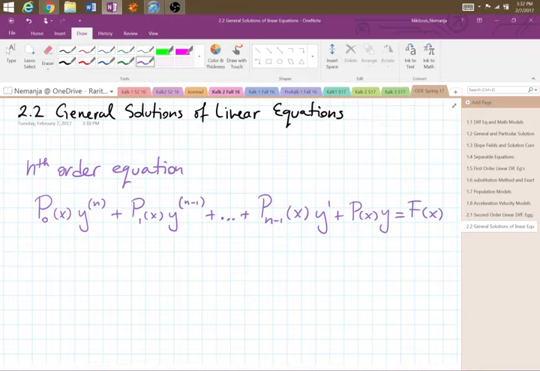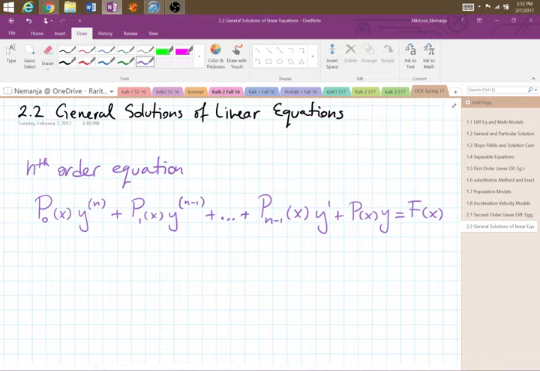Now, we also learned that these nth order equations, at least for the second order last time, have two separate solutions y1 and y2, which could be linearly dependent or independent. And then we learned the principle of superposition, which said that you can multiply them by constants and add them together.